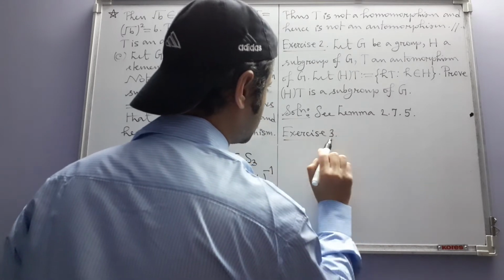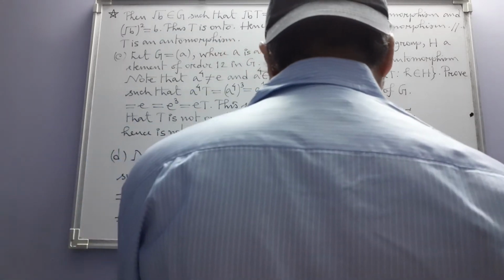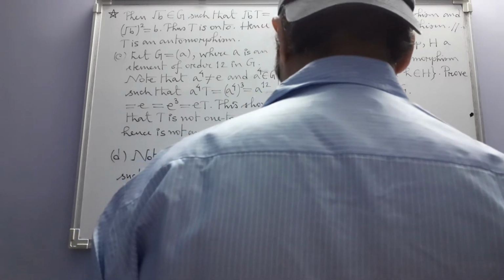Then in exercise 3, a similar one, but now instead of an ordinary subgroup, we have a normal subgroup.